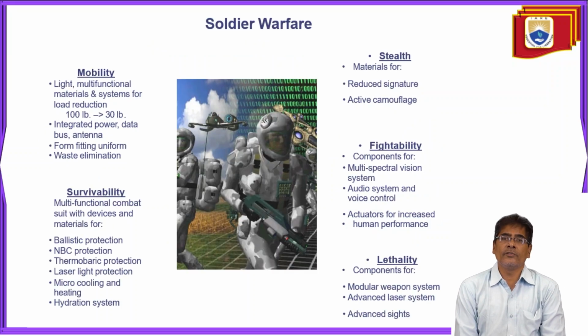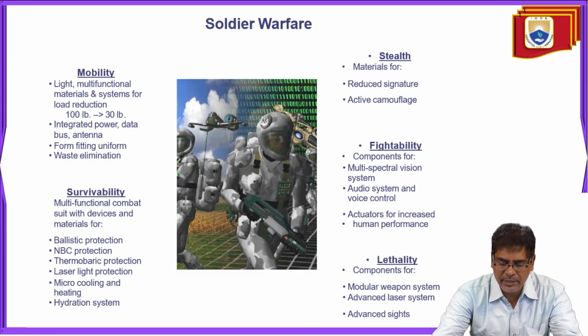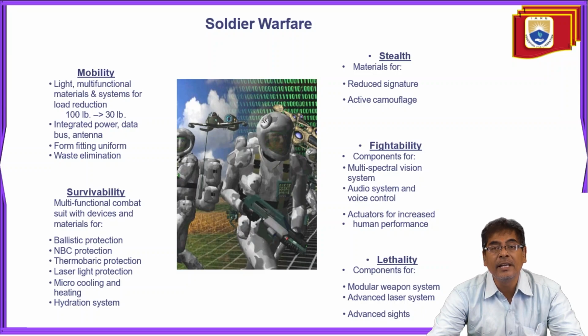Whereas in the case of soldier warfare, mobility, stealth, fightability, lethality, and survivability are the important features where nanotechnology is used, right? When we speak about mobility, there are light multifunctional materials and systems for load reduction, from 1000 lb to approximately 30 lb.